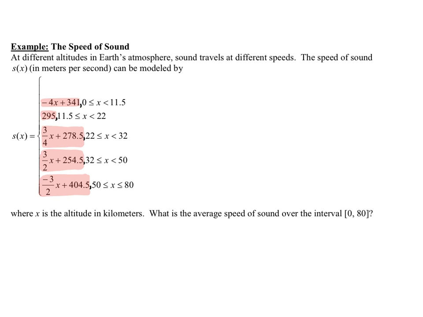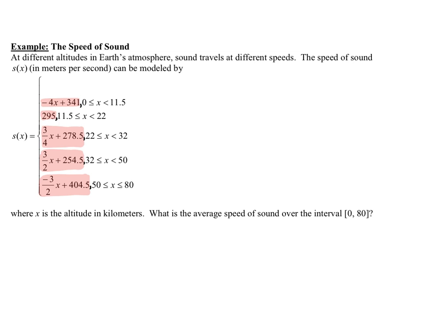So between 0 and 11.5 kilometers, the speed of sound actually gets a little bit slower the higher you go. Then between 11.5 kilometers and 22 kilometers off the surface of the Earth, the speed of sound is a constant 295. And this is meters per second.